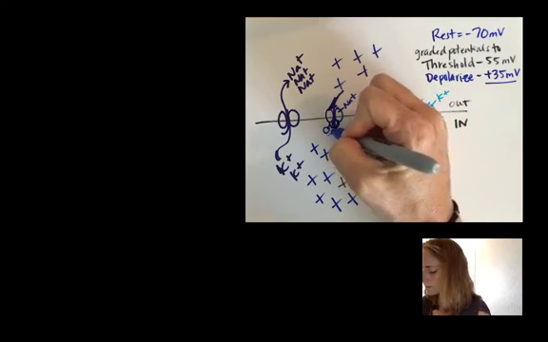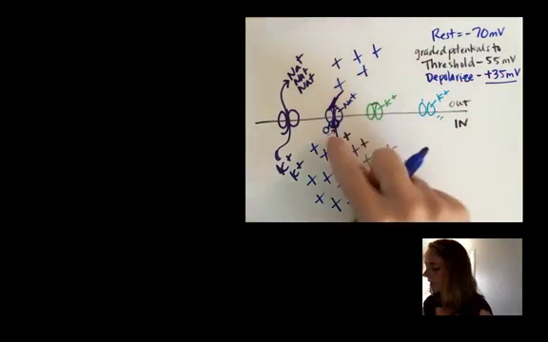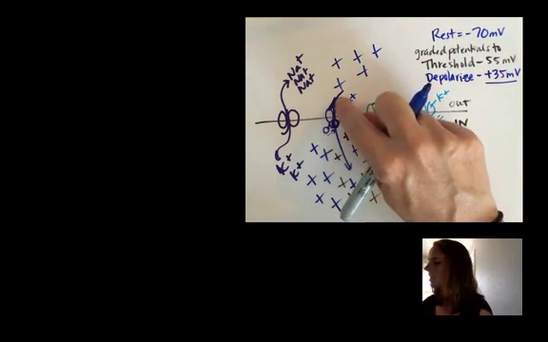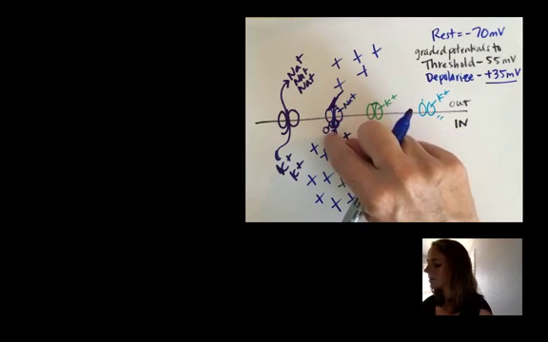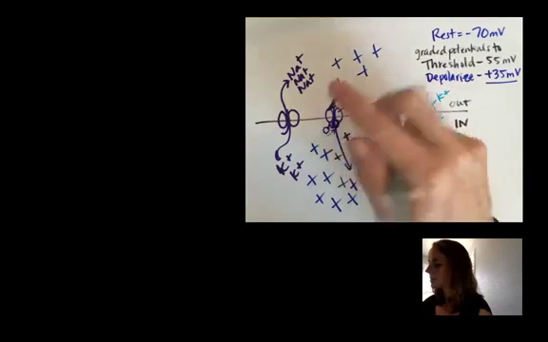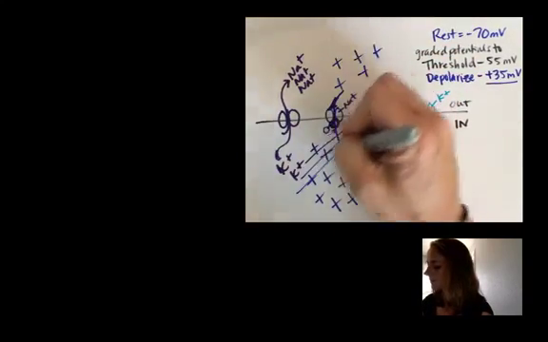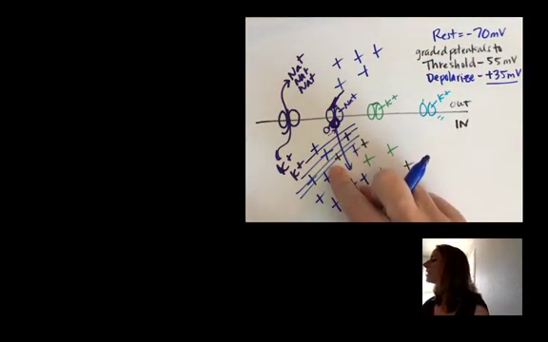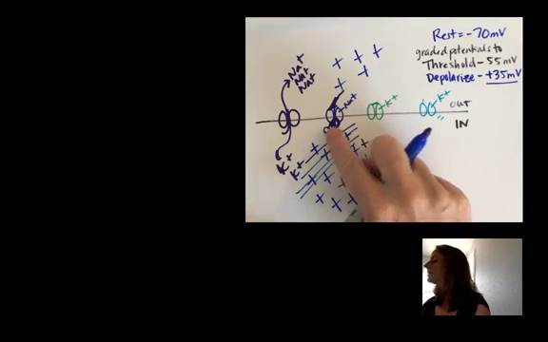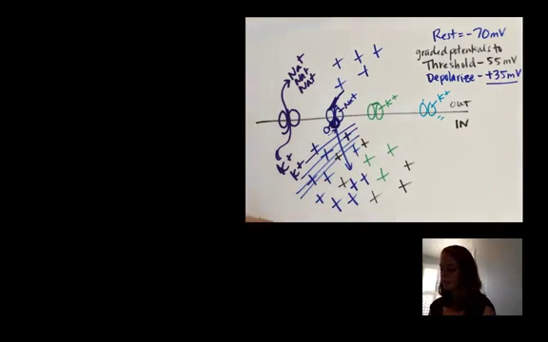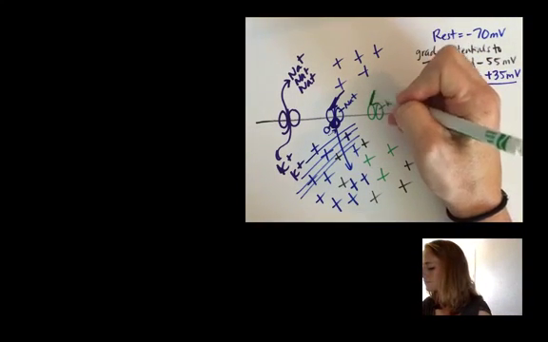So, as the voltage gate opens, the plug starts to tick, tick, tick, and eventually plugs up and stops the sodium from moving in. At the same time, the slow potassium channels have finally opened.